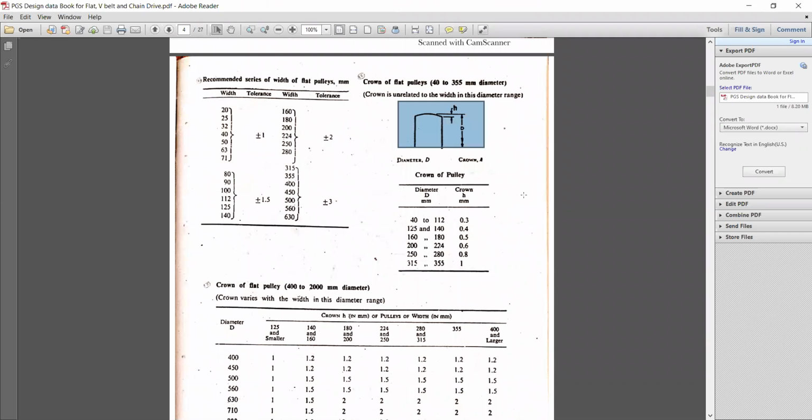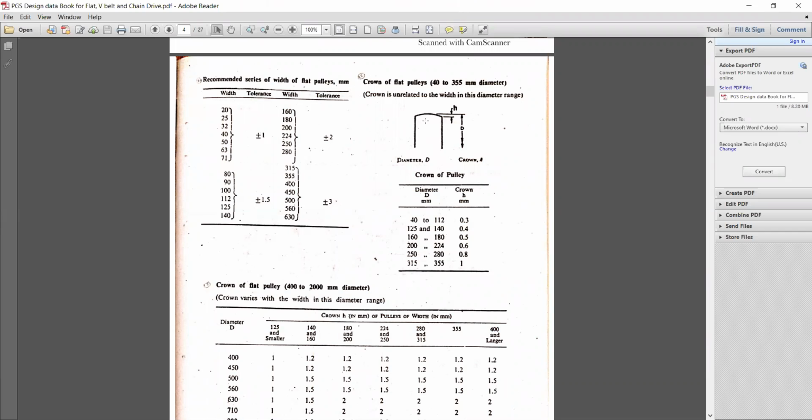Because of this crown, or you can say a curve, the belt will not move from the center position, it will not slide, or run out from its working location.